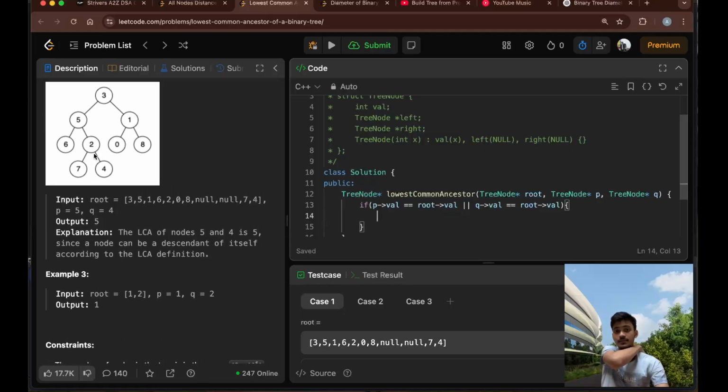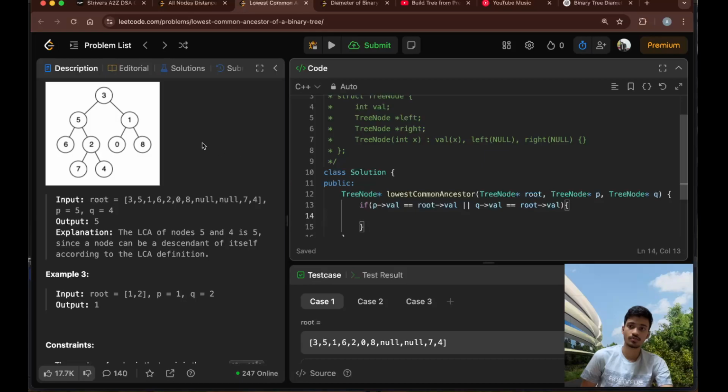For example, if the root and P are the same and Q is somewhere below, we do not need to find Q, because the other node is a descendant, so the ancestor would always be the root only.